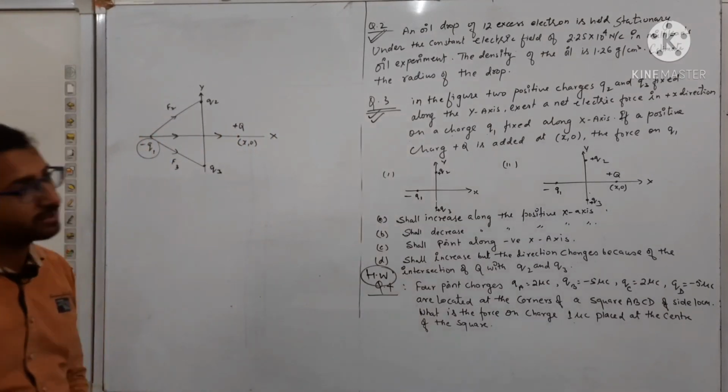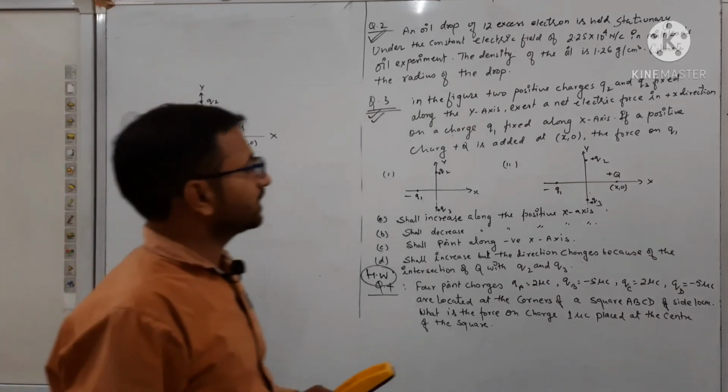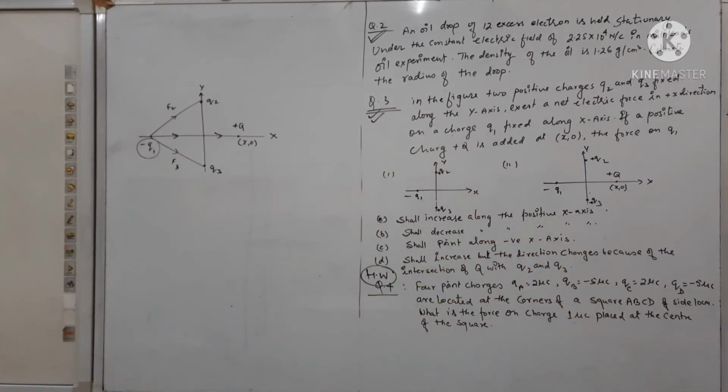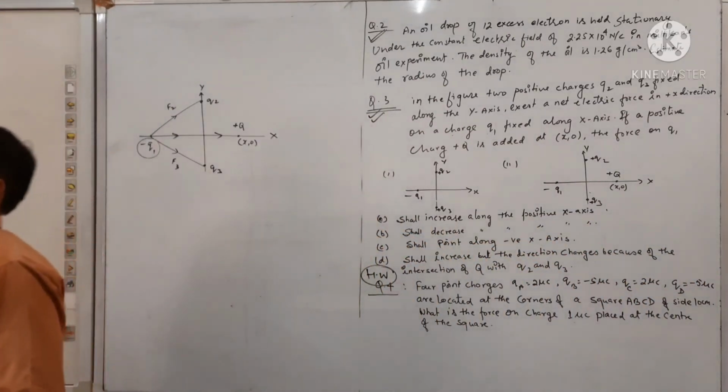So think about it, which is the feasible or accurate condition out of these four, so that you can easily get the answer. I will give you 1 minute. So what will be the answer, students? Tell me the answer of this. What will be the answer?